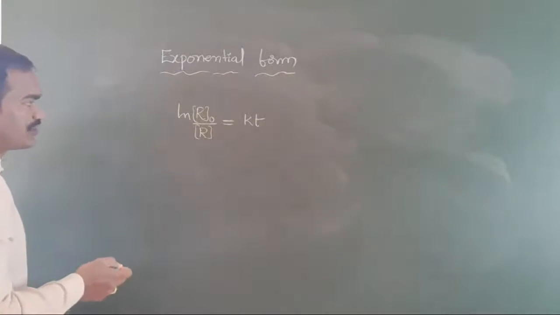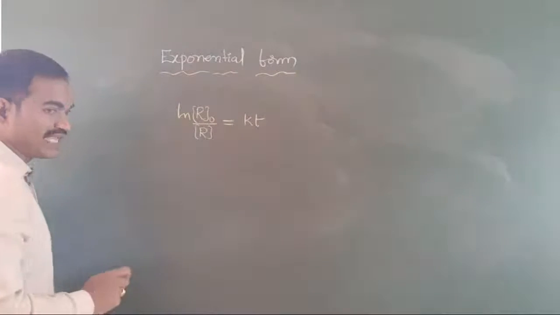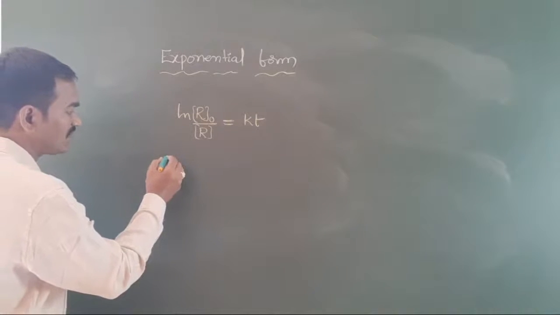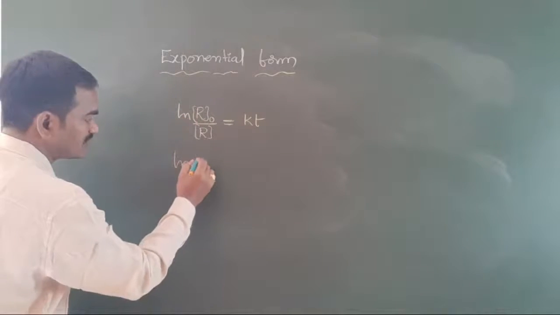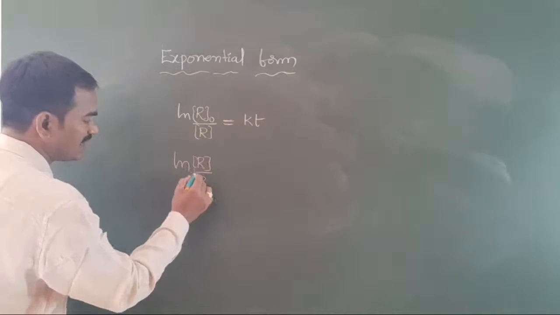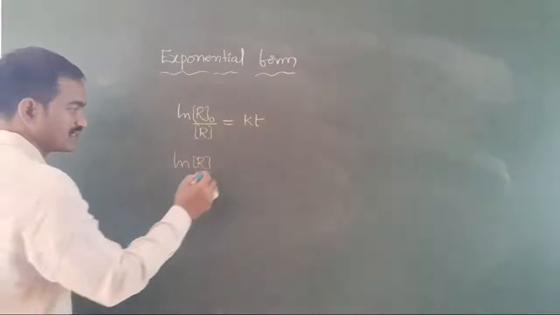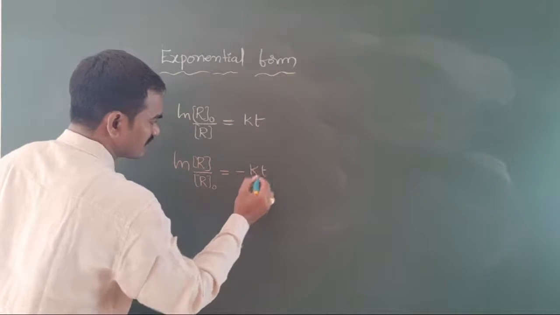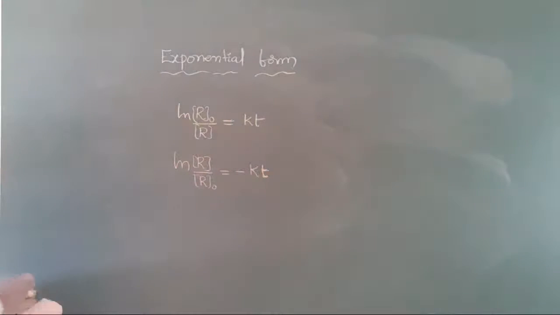Now what we are going to do is multiply both sides with a negative, a minus. So whenever you multiply with minus, ln R will go upside. Therefore ln R by R naught, because both sides you are multiplying with minus, is equal to minus kt. Have you got it? Minus kt.